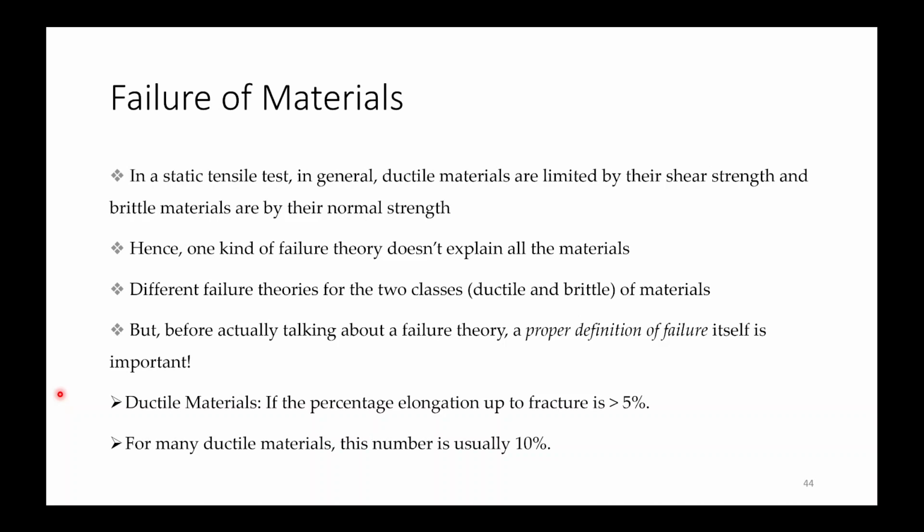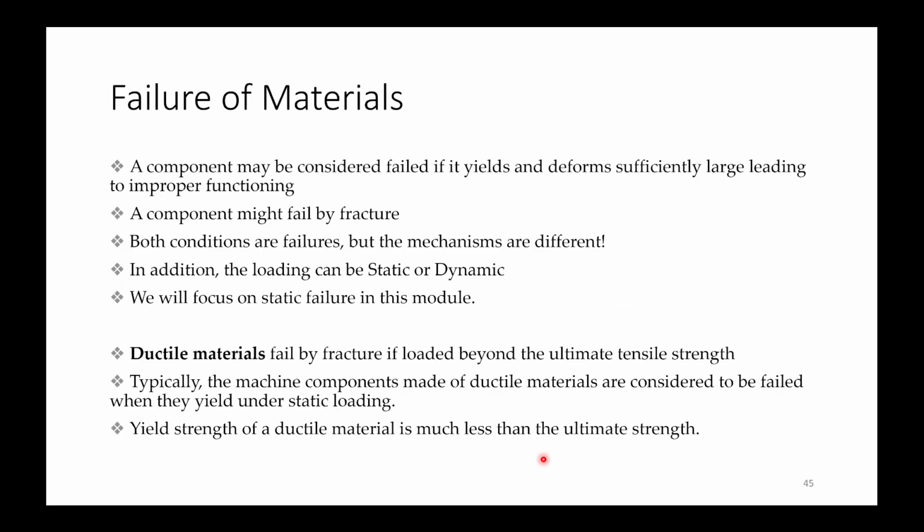But before talking about failure theory, a proper definition of failure itself is important. Ductile materials are defined as having elongation up to fracture greater than 5%, and for many ductile materials this number is usually 10%.